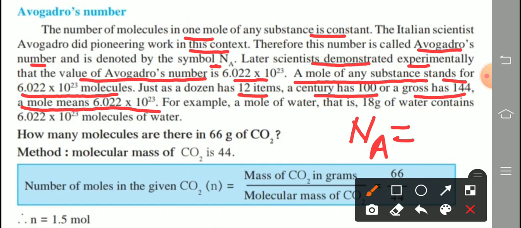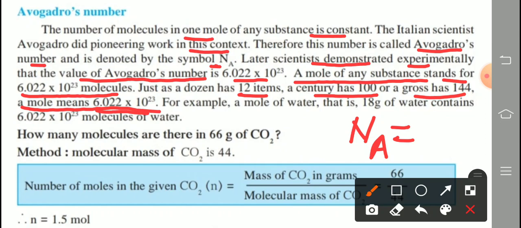Like 1 dozen pencils means 12, 1 dozen bananas means 12. You take any object, a dozen means a fixed number of items. Same way here, 1 mole of any substance contains how many molecules? 6.022 into 10 raised to 23.